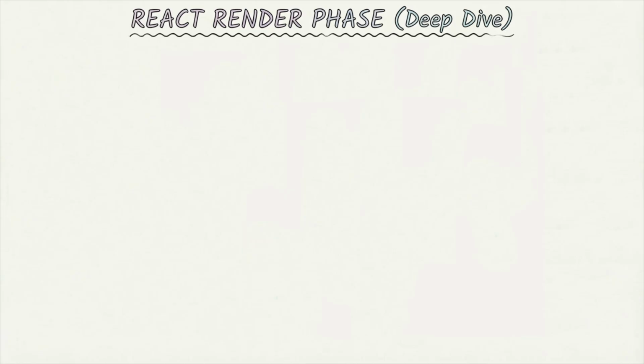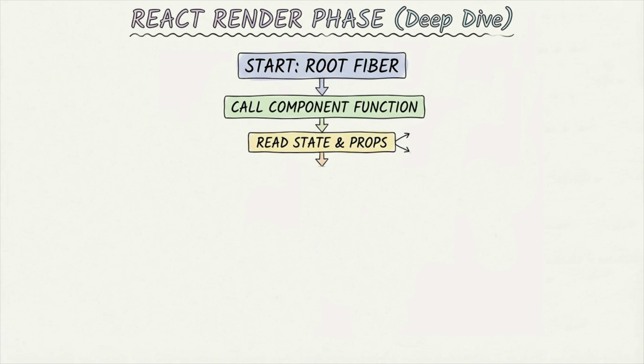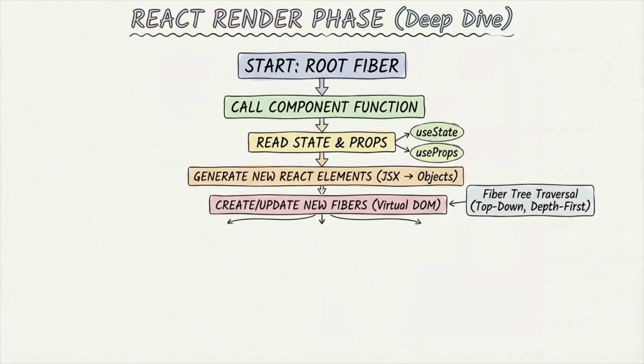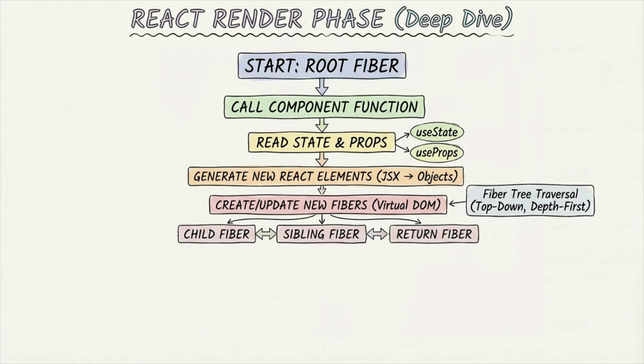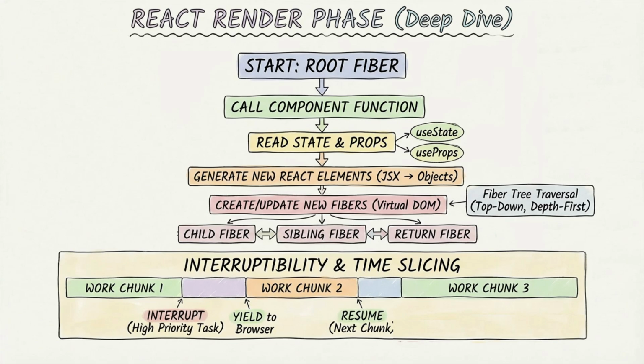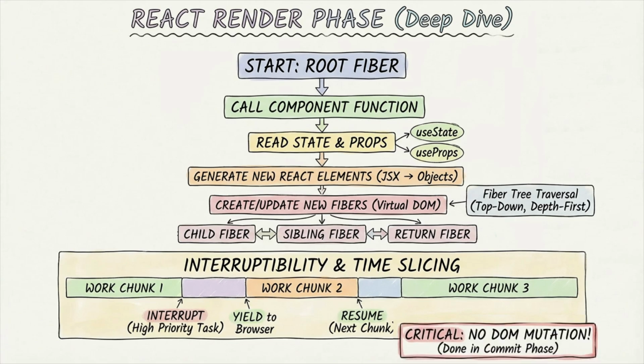React starts at the root fiber. It calls your component function. It reads your new props and state. It builds new virtual elements. Then it moves on to the next child, and the next one, and so on. React continues down the fiber tree trying to figure out what the new UI should be.